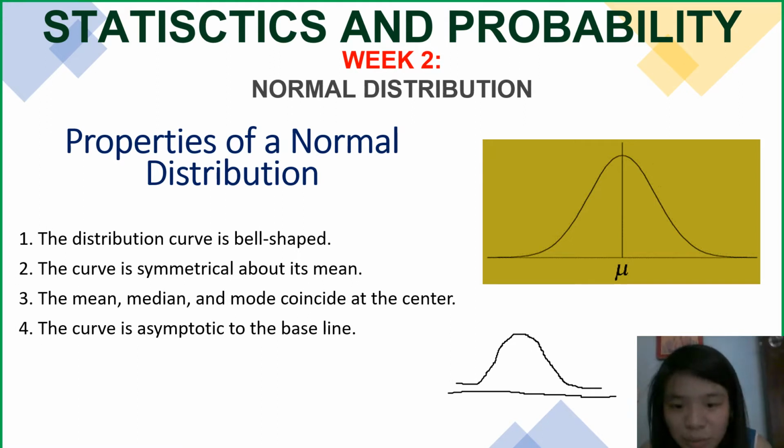So, ganyan yung itsura niya. Hindi siya magta-touch dito. Ano ba yun? Eto. Never magta-touch tong dalawang to. Yung base niya, which is the x-axis, and yung extremes ng normal curve natin. That is asymptotic. The curve is asymptotic to the baseline. So, bakit dito nag-touch siya, diba?